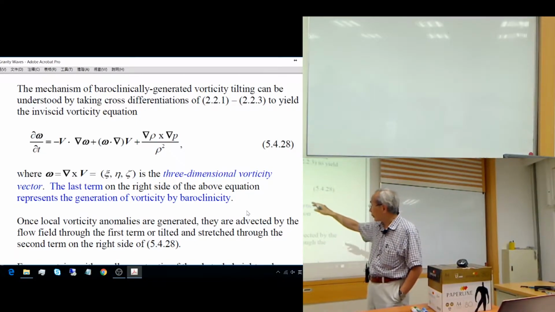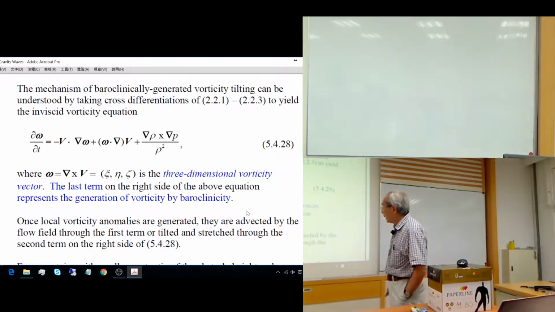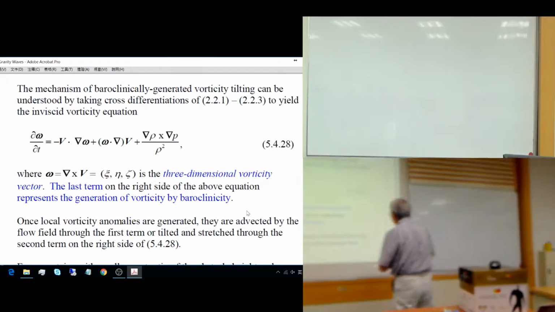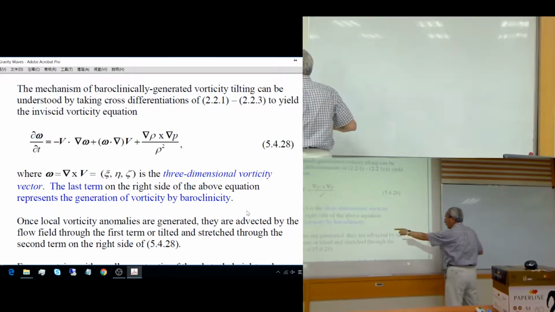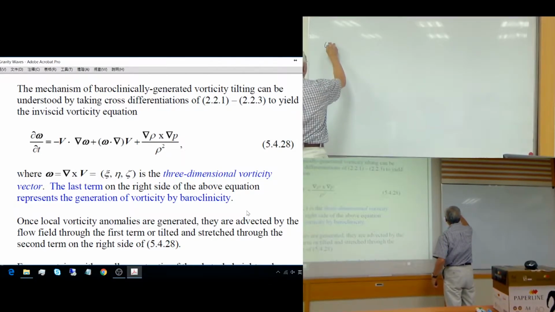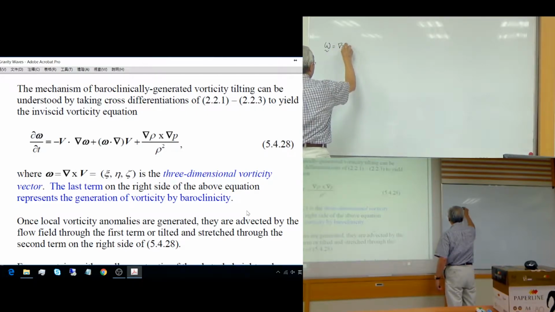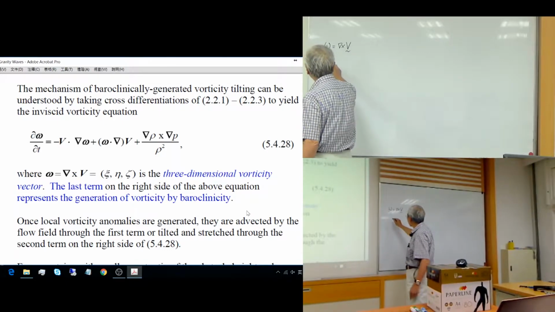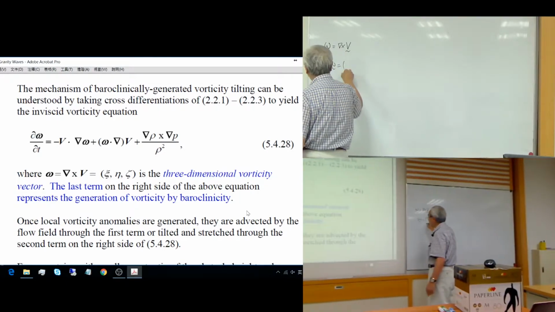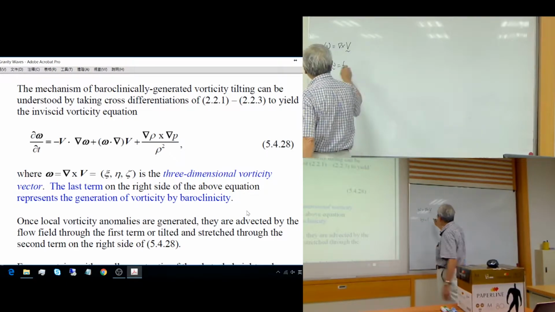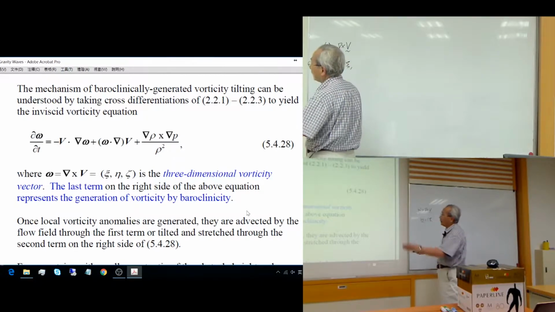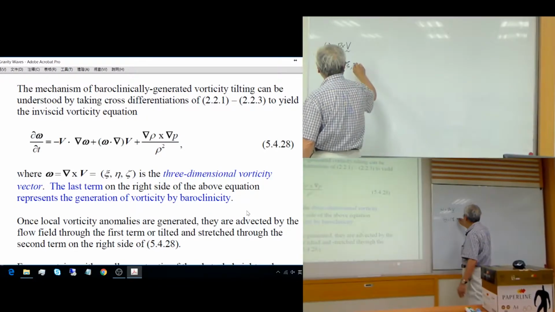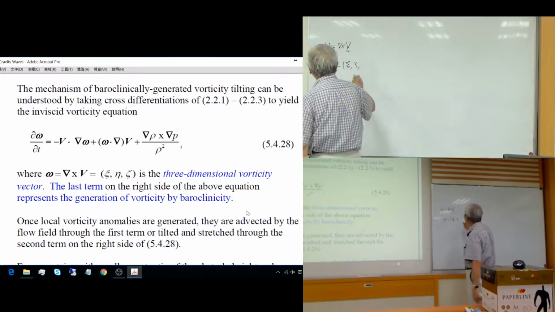As you know, omega is the three-dimensional vorticity, so omega has three components. The x component vorticity is xi, the y direction is eta, and then zeta.